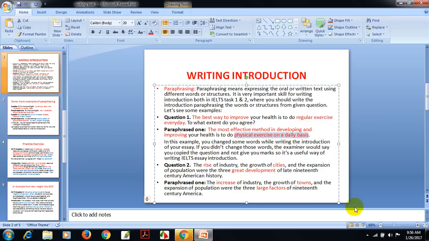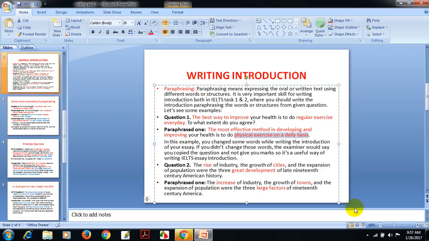Regular exercise is changed into physical exercise, and every day is changed into on a daily basis. Such kinds of changes are necessary while making your IELTS introduction.